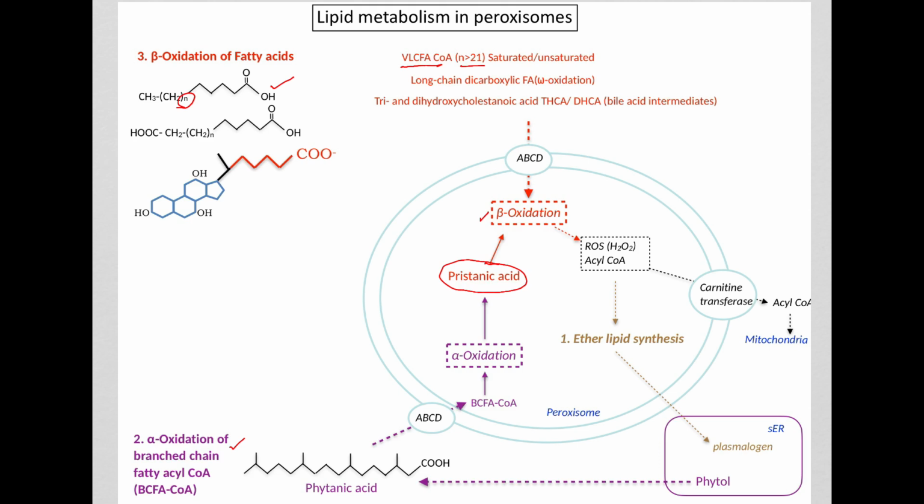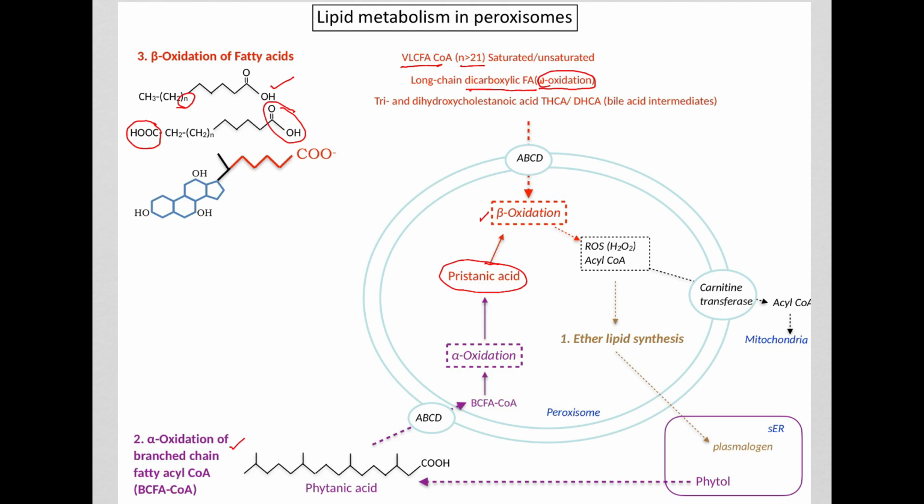We'll also discuss beta-oxidation for long-chain dicarboxylic fatty acids. So there's a carboxyl group here, and there's a carboxyl group at the other end. These dicarboxylic acids come from omega-oxidation that we discussed in previous videos.